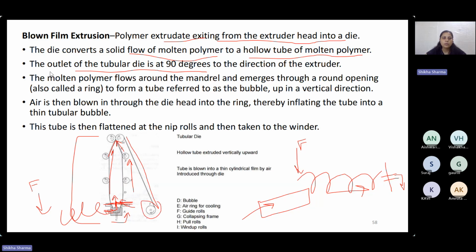The molten polymer flows around the mandrel and emerges through a round opening, also called a ring, to form a tube referred to as a bubble in the vertical direction. So this solid polymer will become a big hollow tube.